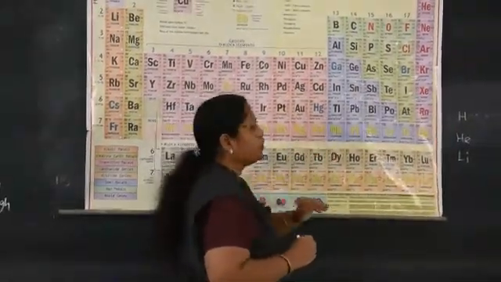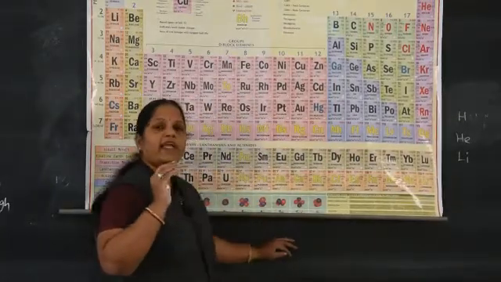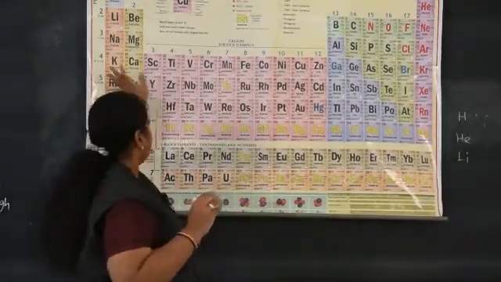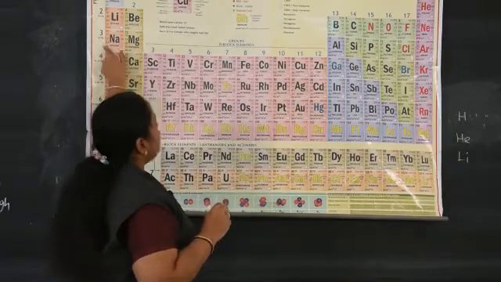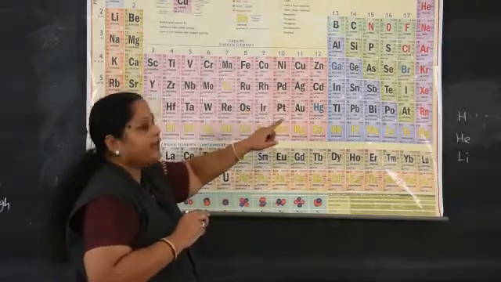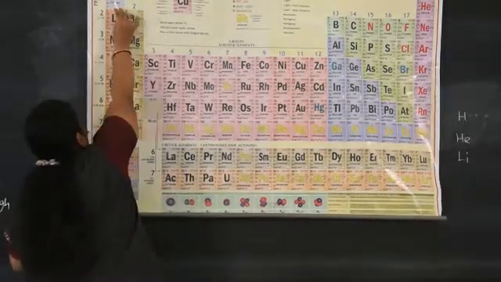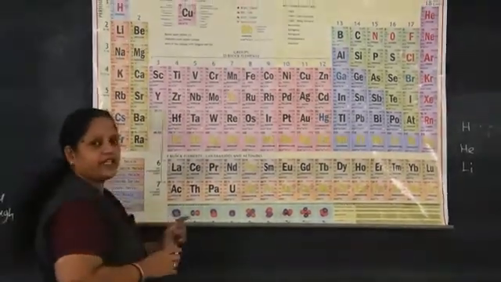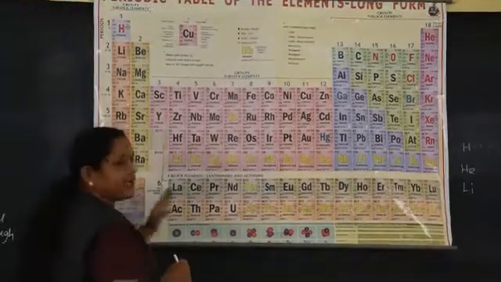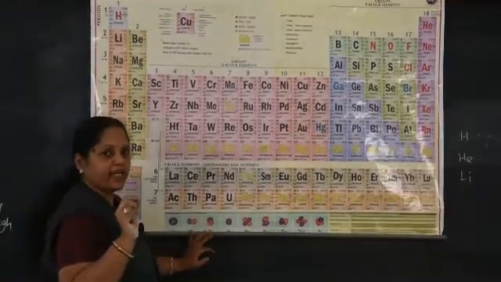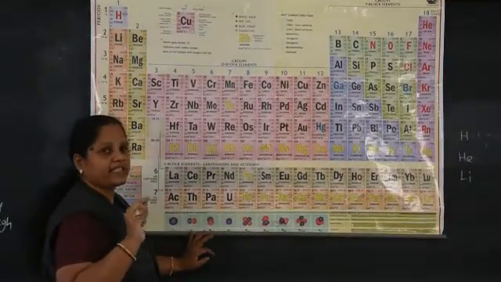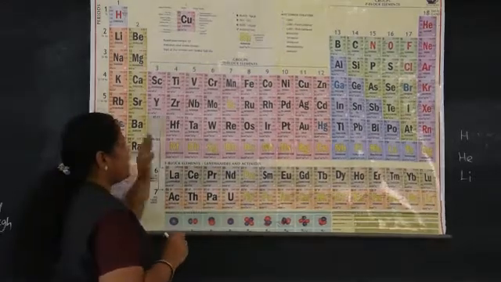Before that, we want to know the meaning of period and group. When we move from left to right, that is called a period. When we move from top to bottom, that is called a group. How many periods are there? 7 periods. How many groups are there? 18 groups in this chart.